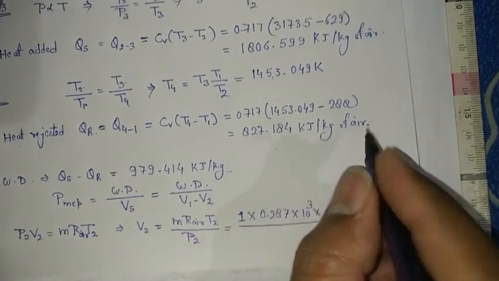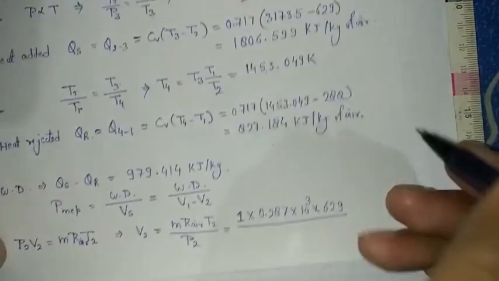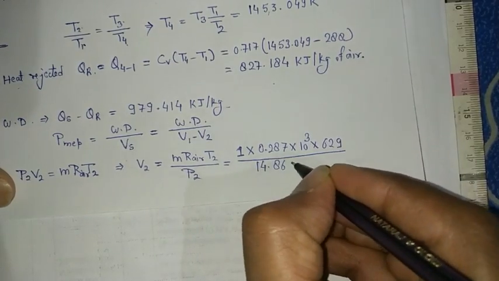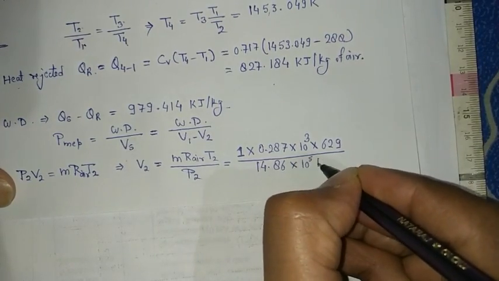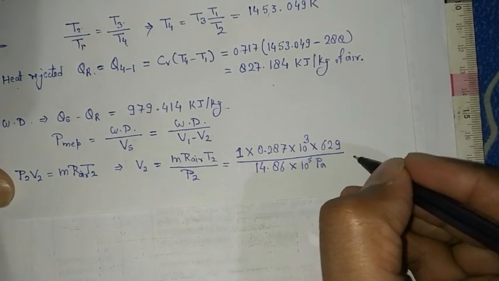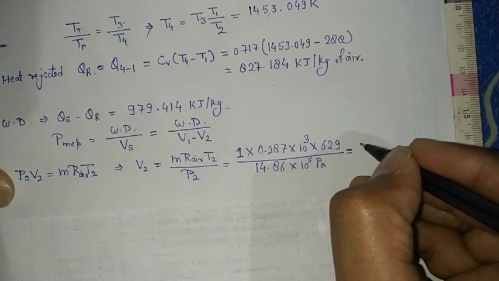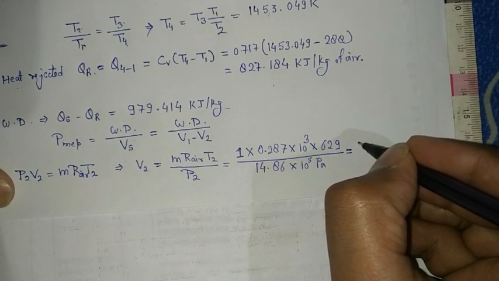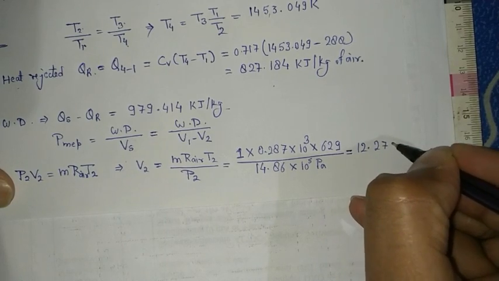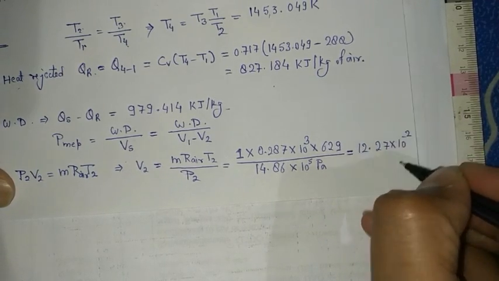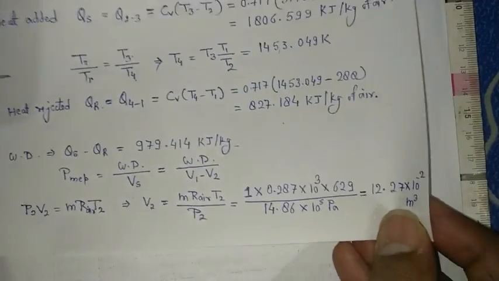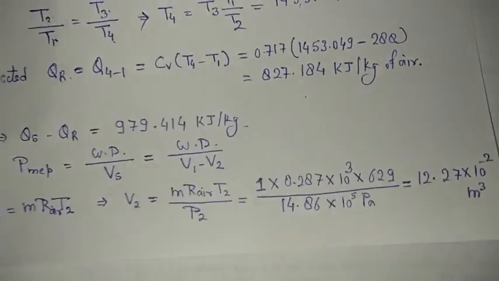P2 is again we have calculated, 14.86 into 10 to the power 5 Pascal. So from here, the value of V2 is equal to 12.27 into 10 to the power minus 2 meter cube. Okay, so we know the V2.